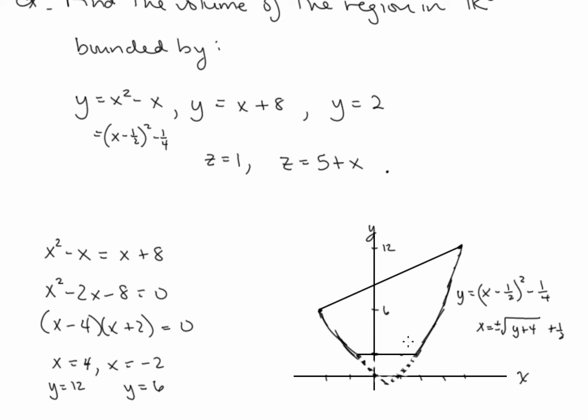So this is what's happening in the xy plane, and this is the domain over which our two surfaces lie. We have z equals 1 and z equals 5 plus x. So we've got two surfaces that are lying over this, and these make the top and bottom bounds for our solid. So let's bring this into the grapher and take a look at what's going on.